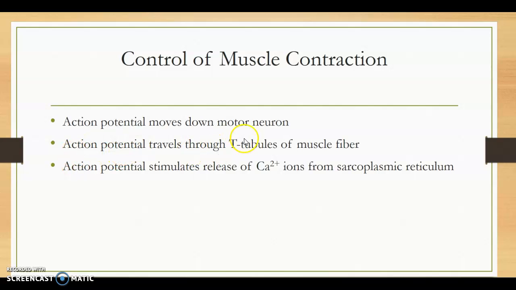Once the motor neuron triggers, sodium channels open, and it changes the voltage and the charge. Hopefully you remember that. But as it gets to the T tubules and the sarcoplasmic reticulum, it releases a whole bunch of calcium.